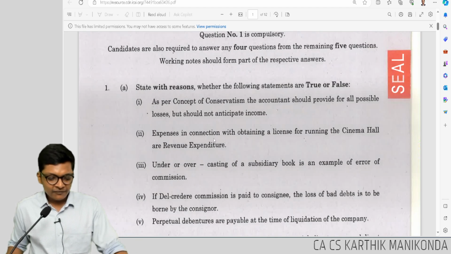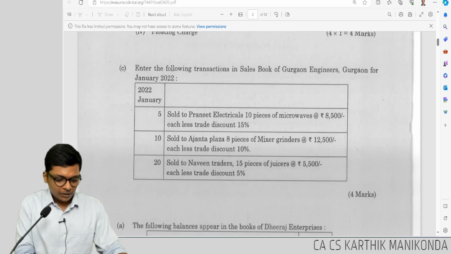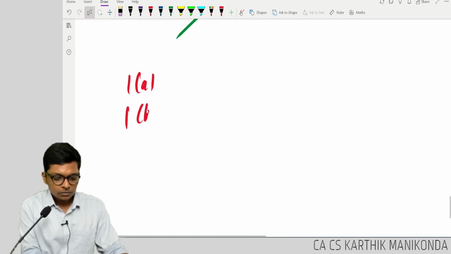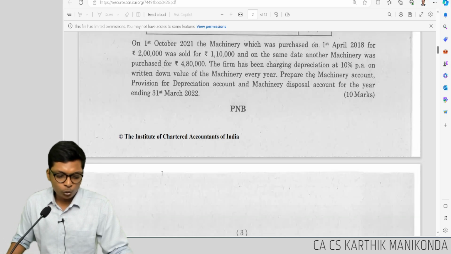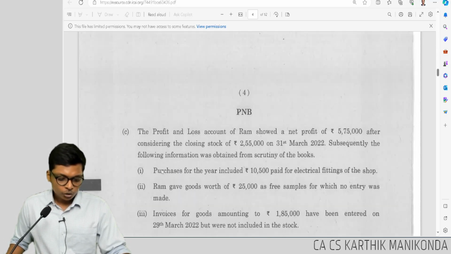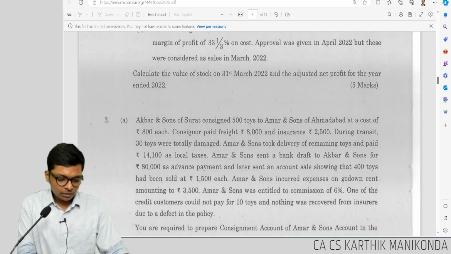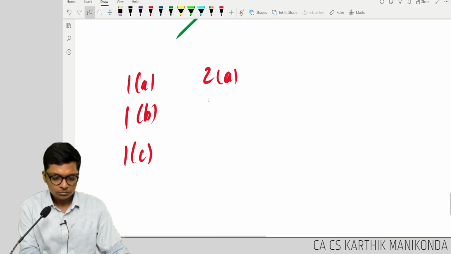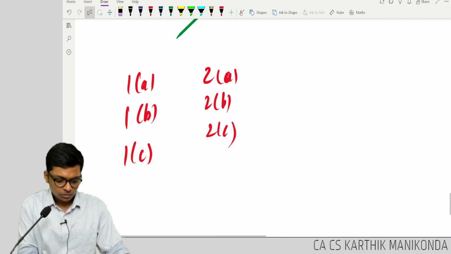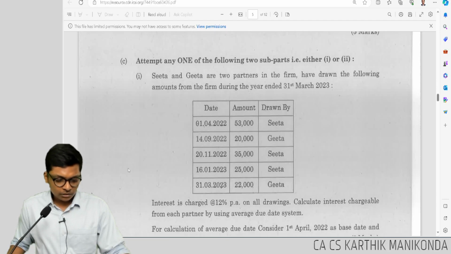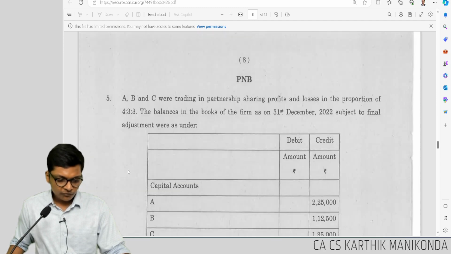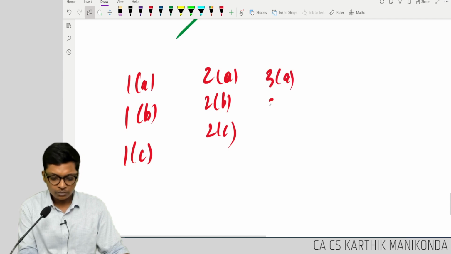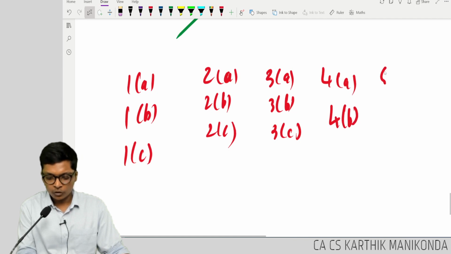If you see, question 1 has 1A, 1B and 1C. Let me write that down. In 2 we have 2A, 2B and 2C. Then 3A, 3B and 3C, then 4A and 4B.